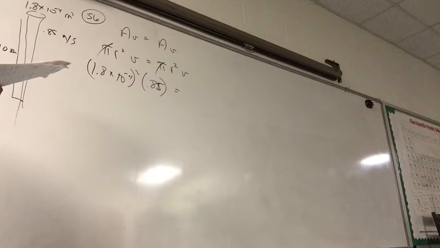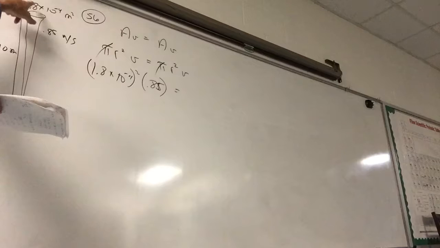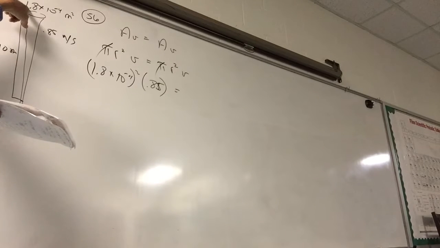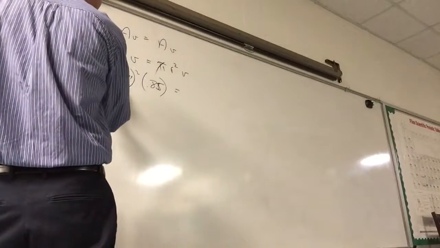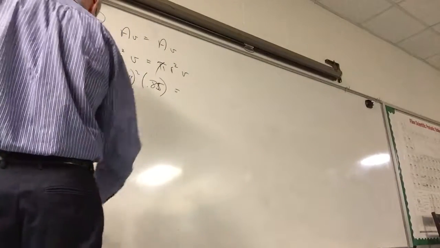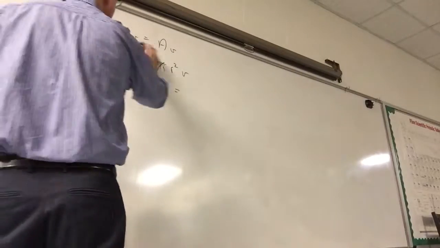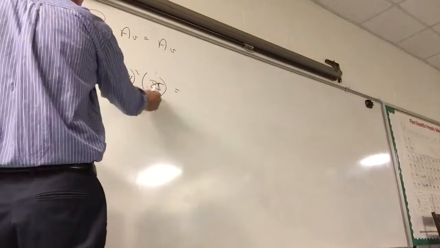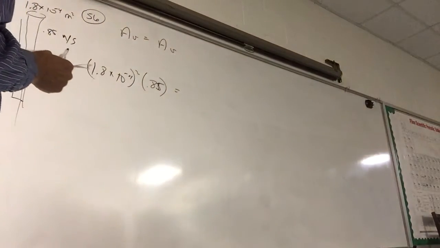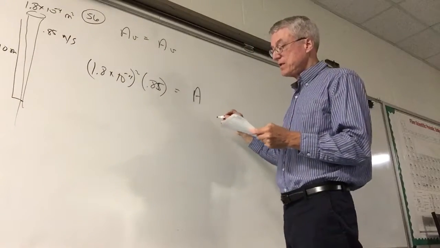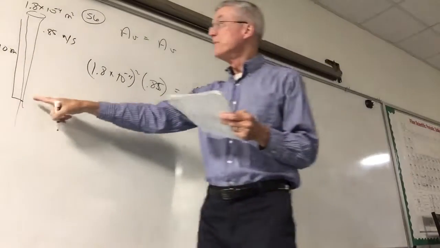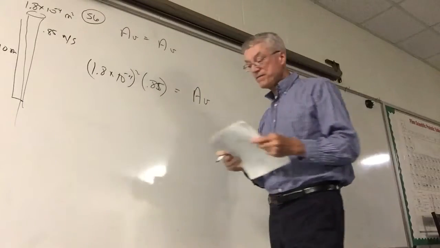No, it wasn't the radius. The cross-sectional area of the faucet is 1.8 times 10 to the negative 4th. Oh, so that was the area. We don't need pi r squared. So we didn't need to write it that way. This is the area and that's the velocity. Okay. So that's equal to the area times the velocity here, but we don't know the velocity here, so we have to find the velocity here.